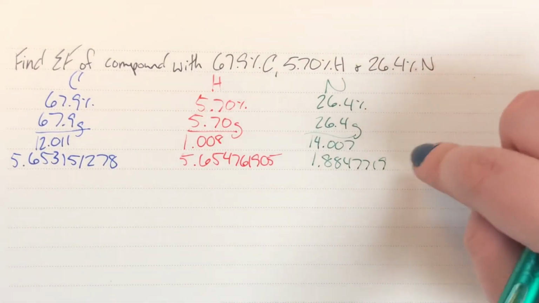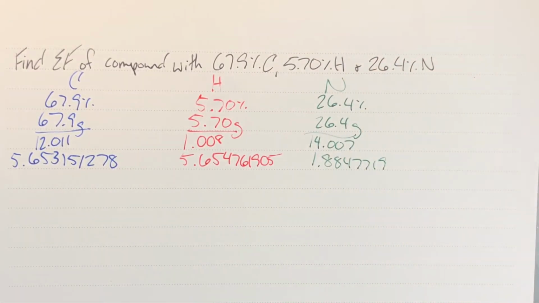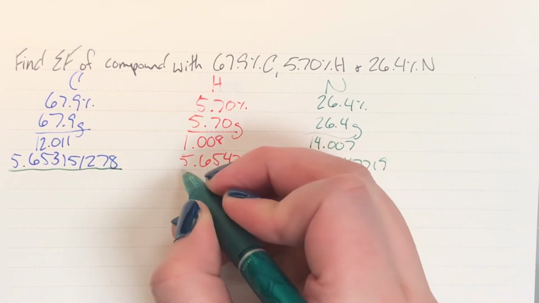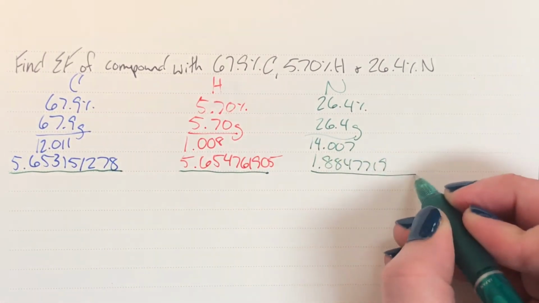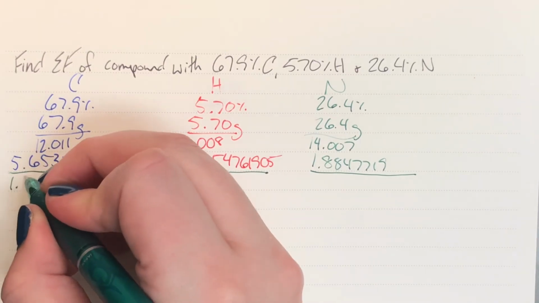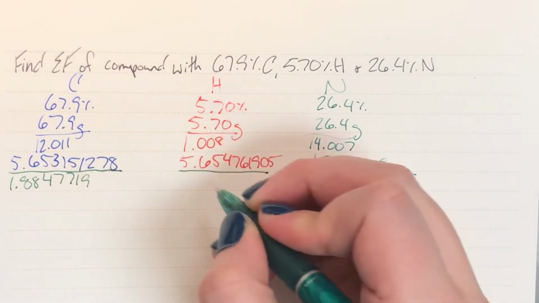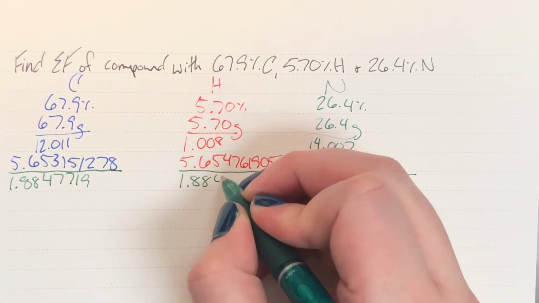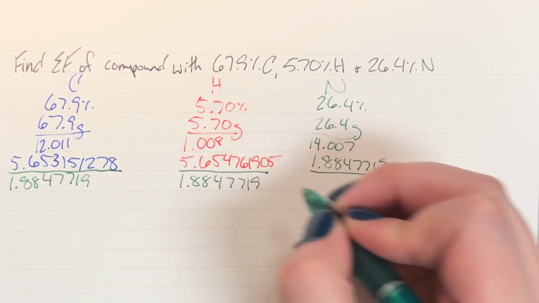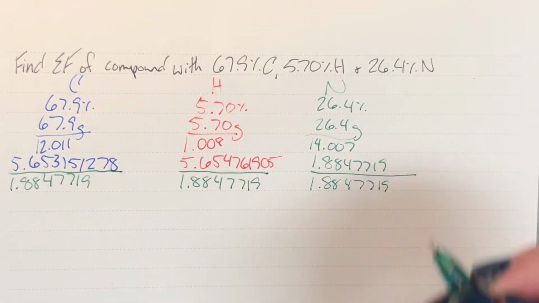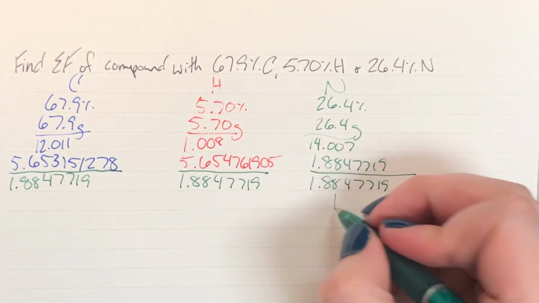I did percent to mass, mass to mole. Now I need to divide by small, which is going to be my number from nitrogen. So I'll divide all of the numbers by 1.88477719. This is obviously going to be 1.